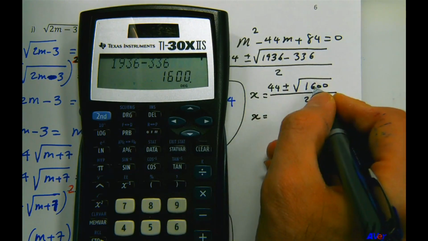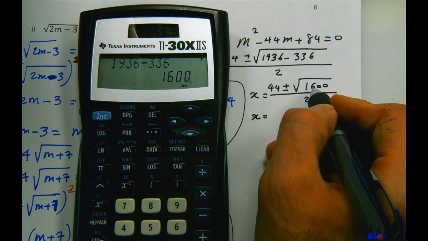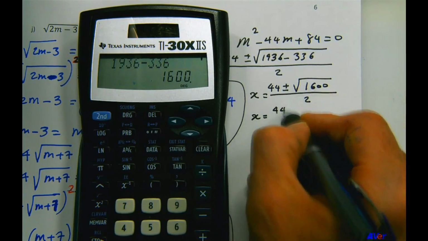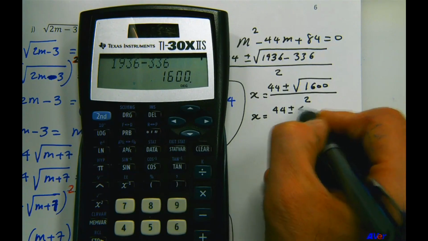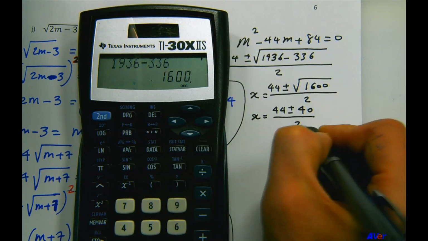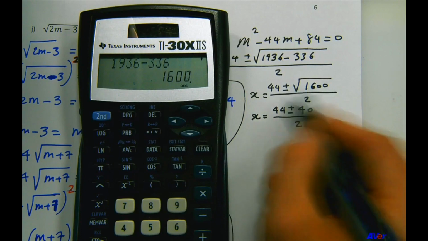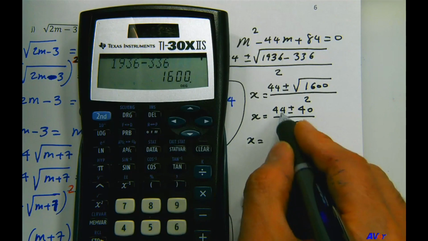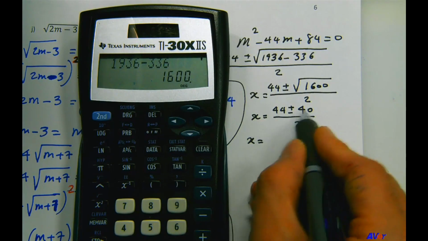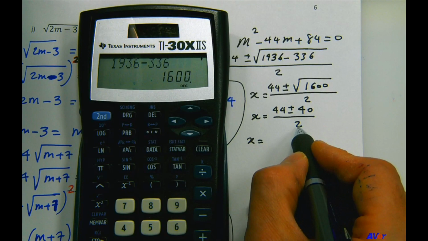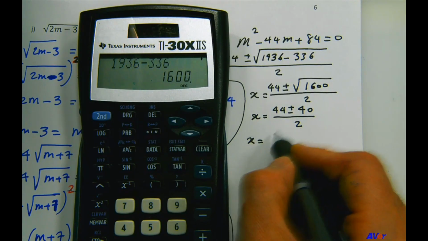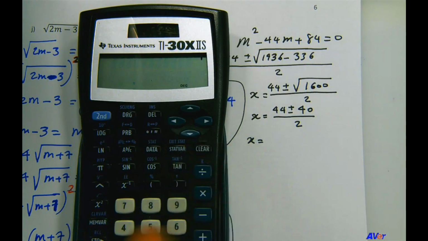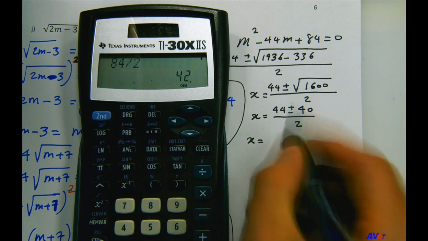So that inside is certainly just 40 squared, right? 44 plus or minus 40, divided by 2. That's 40 squared, so 40 comes out. So then we have x equals 44 plus 40 divided by 2. That's 84 divided by 2, or 32. No. So 84 divided by 2, 42.